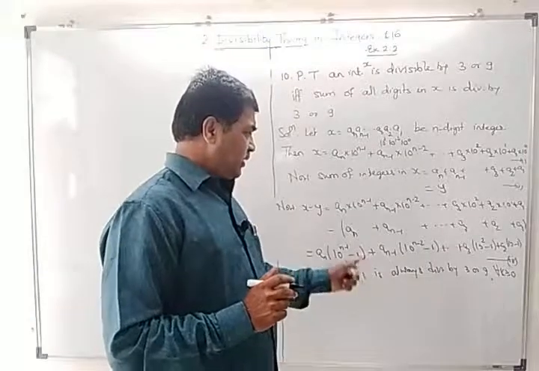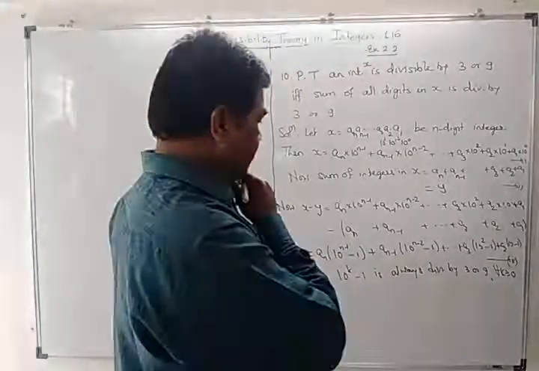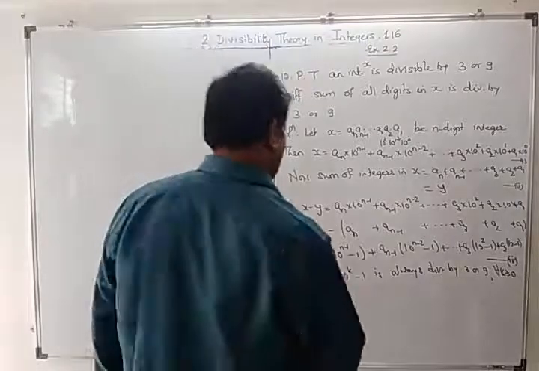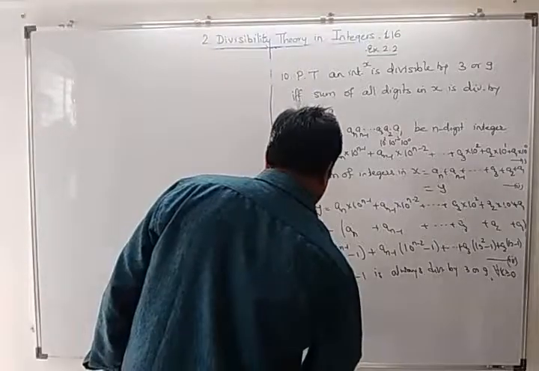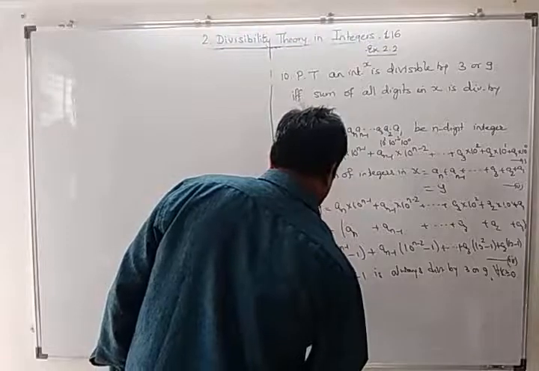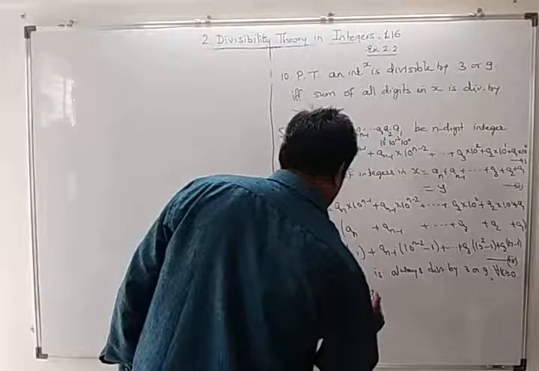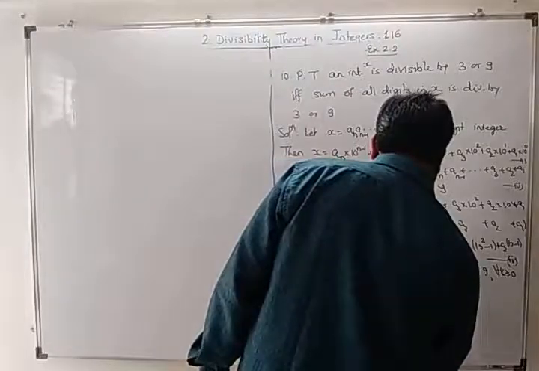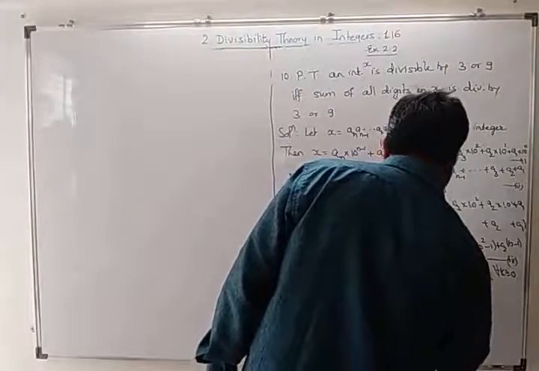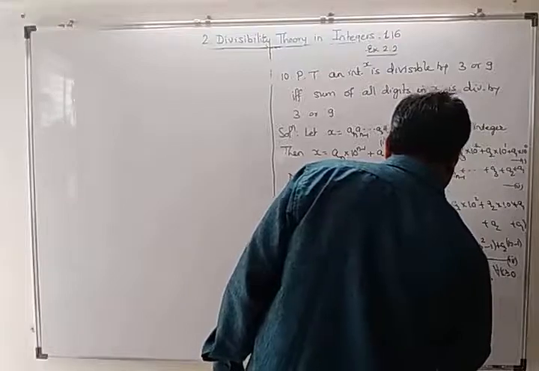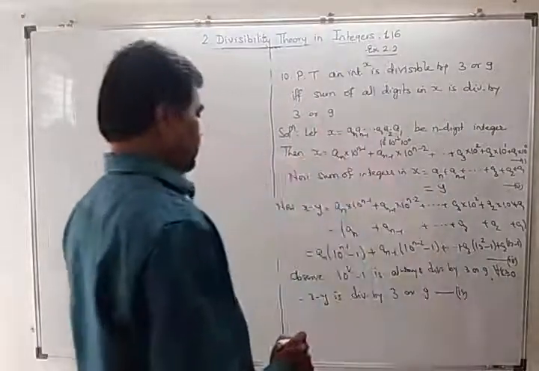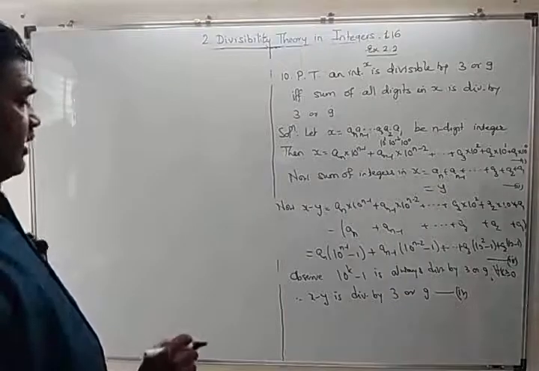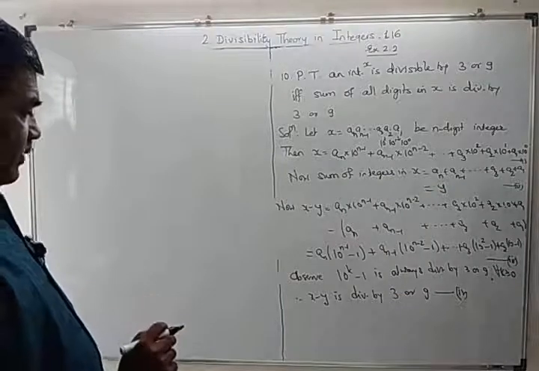It is always divisible by this. And therefore x minus y is divisible by 3 or 9. This is 4.